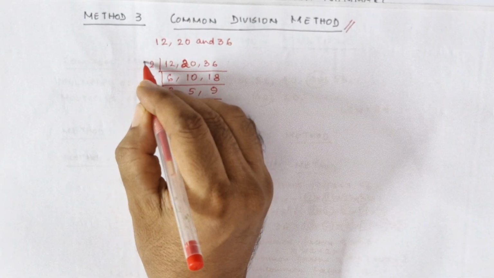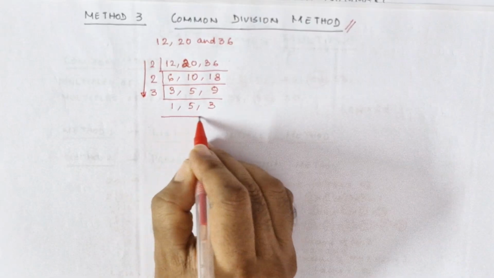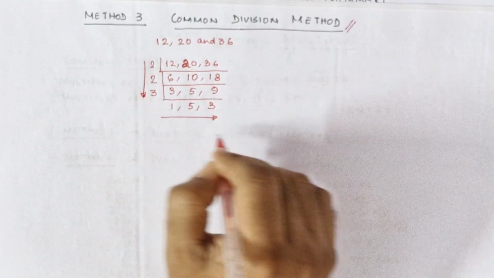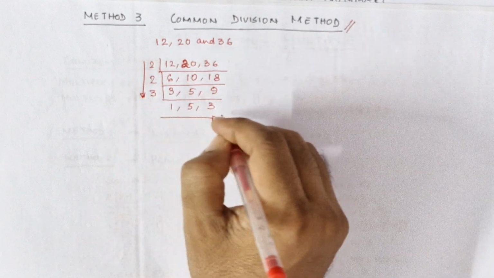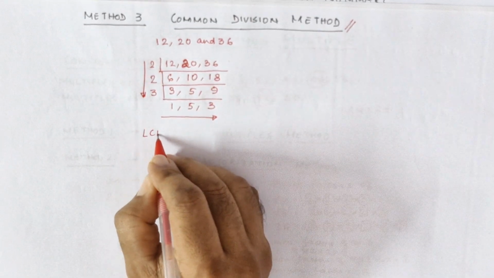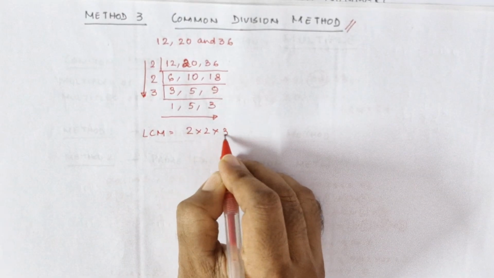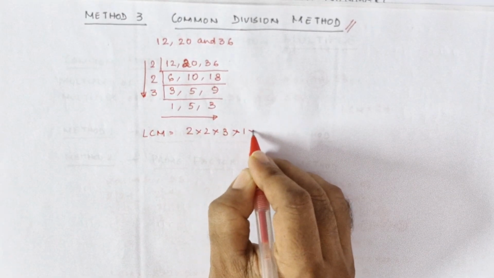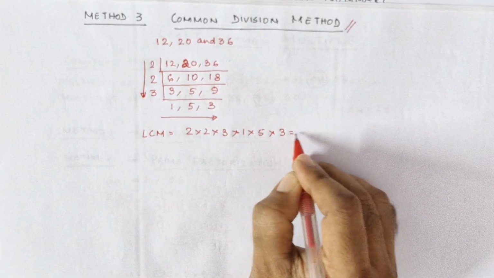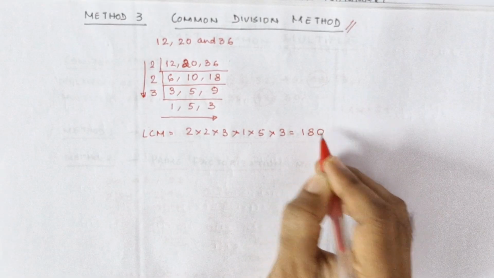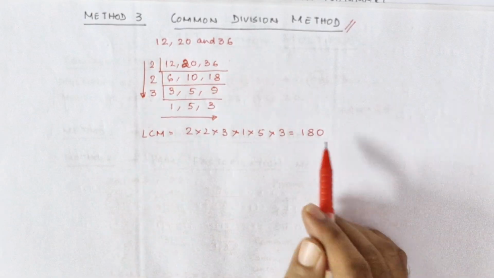What you need to do is follow this arrow, right? See the arrow? Now multiply these numbers following the arrows to get the LCM of these 3 numbers. So 2 multiplied by 2 multiplied by 3 multiplied by 1 multiplied by 5 multiplied by 3, which yields 180. So we can say that the LCM of 12, 20 and 36 is 180.